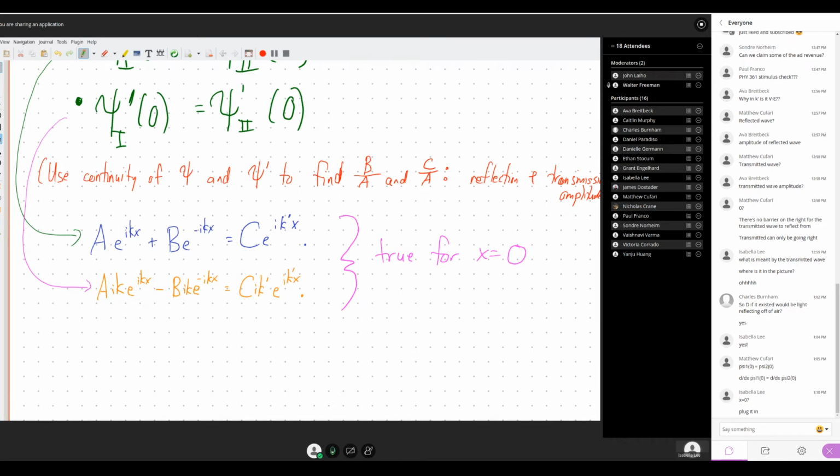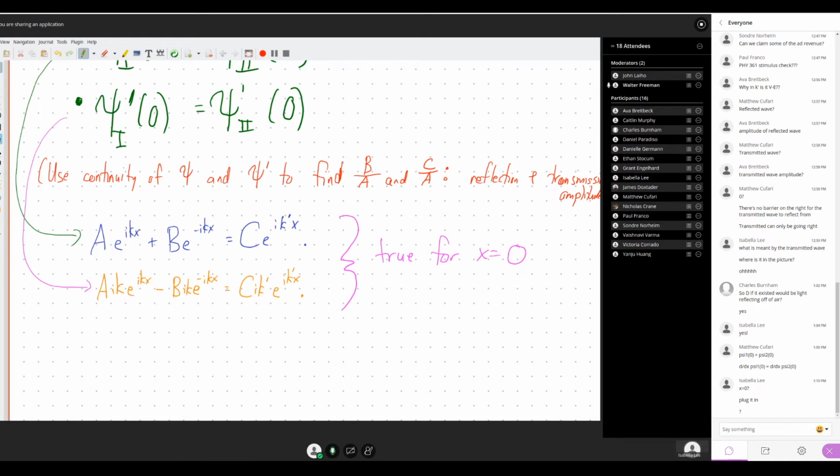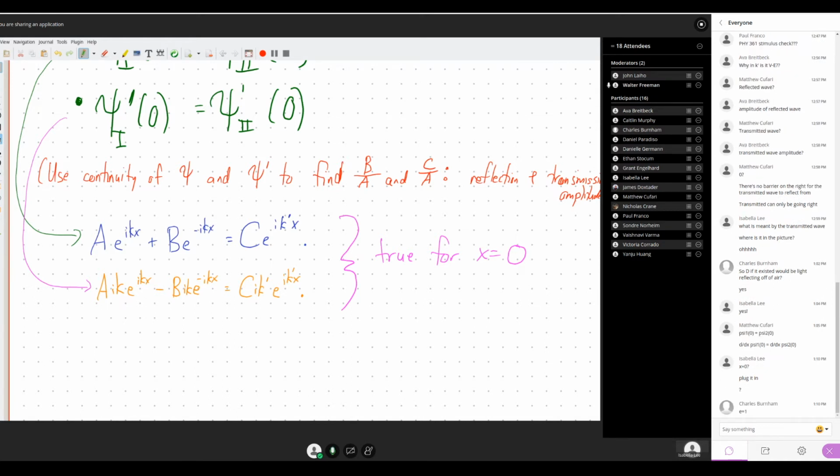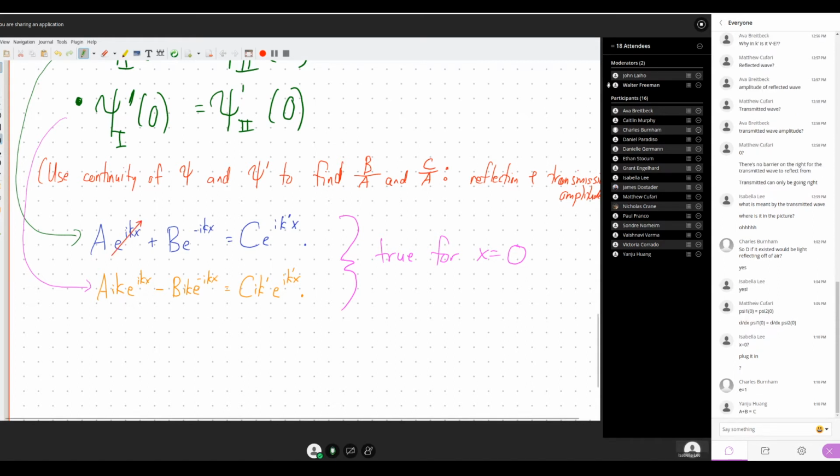Plug it in. Okay. What happens? Yeah, right. Plug it in. But what happens when I plug in x equals 0? Yes, Charles, all the exponentials are Zippo. And you thought that I was going to have to do hard garbage, right?